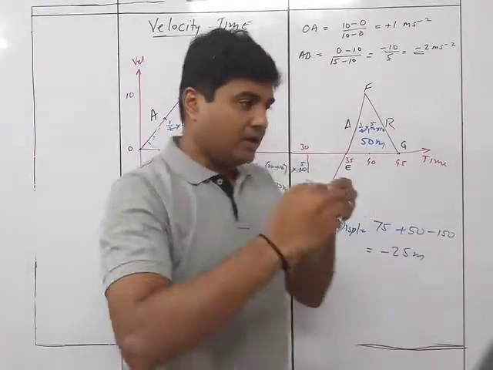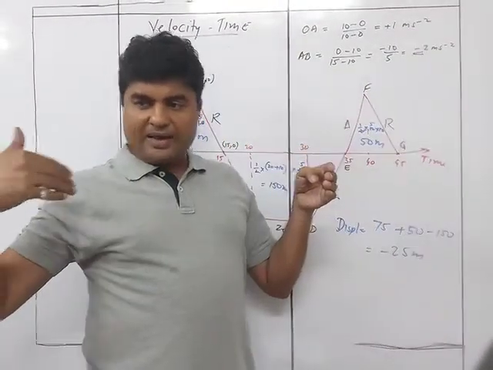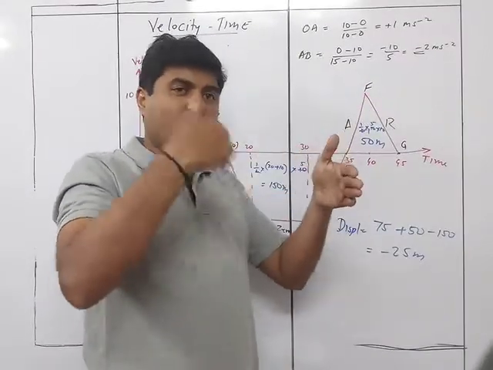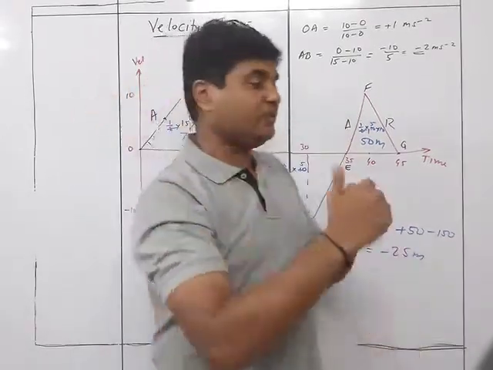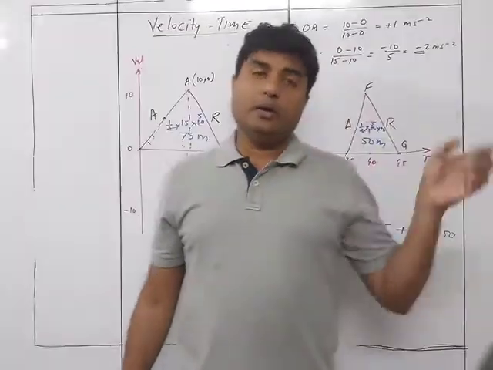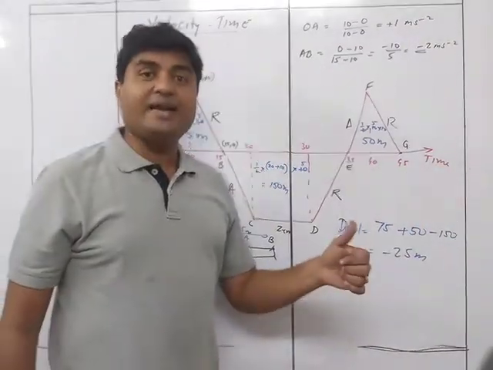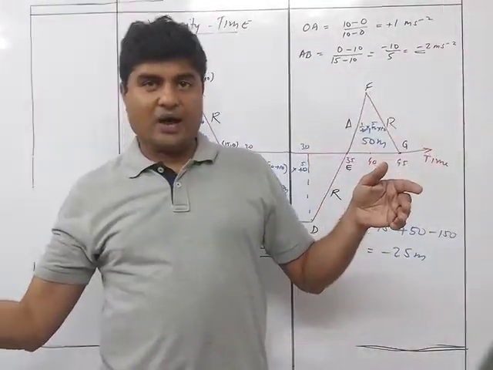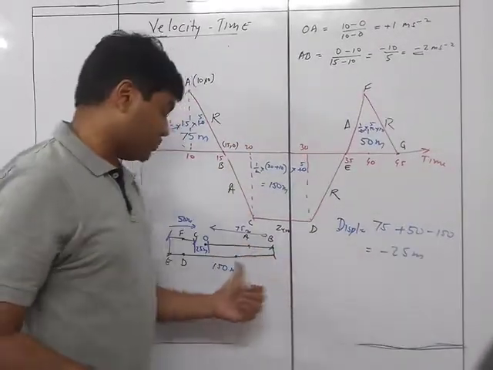When you went here, you came back here, went here, and then came to this point, such that the distance between the start point and the end point is 25 meters in the negative direction from the original direction in which the body was moving. So this minus 25 indicates that it overshot, came here, and after that came back here. So that's why it is minus 25 meters over here.